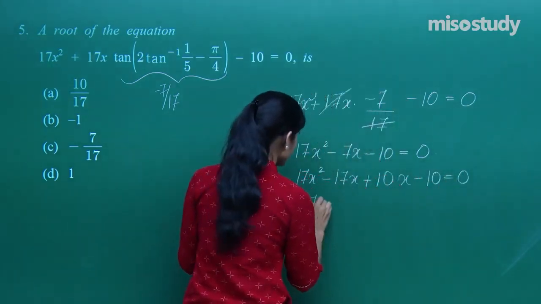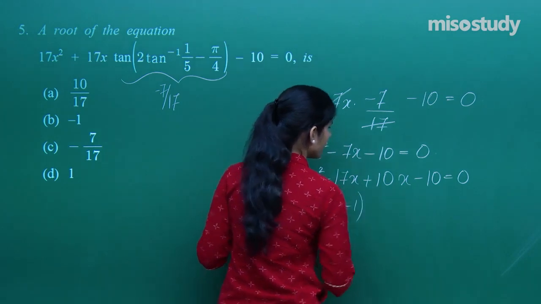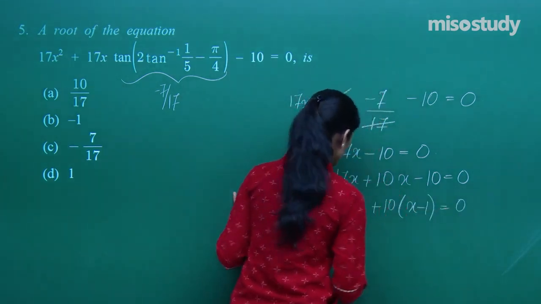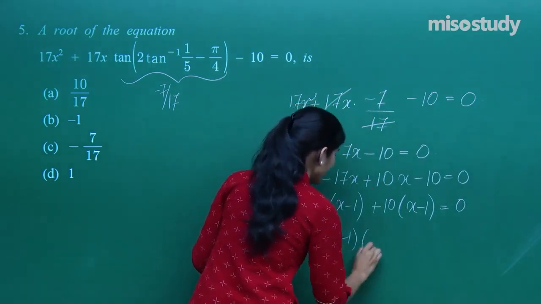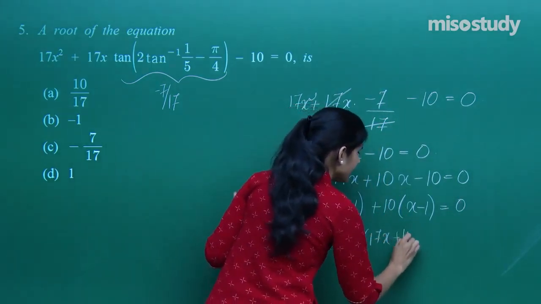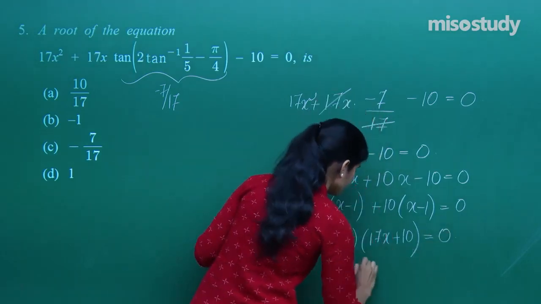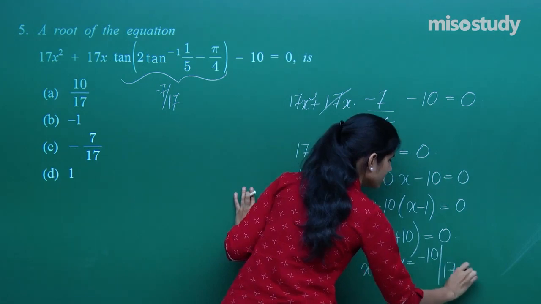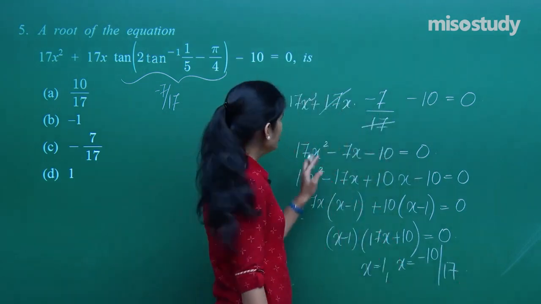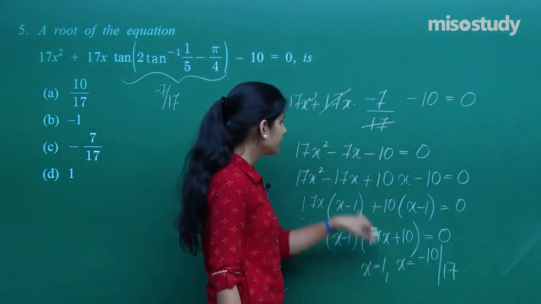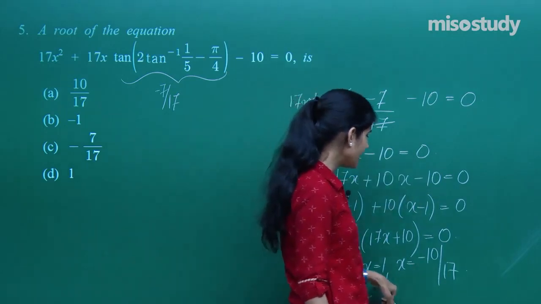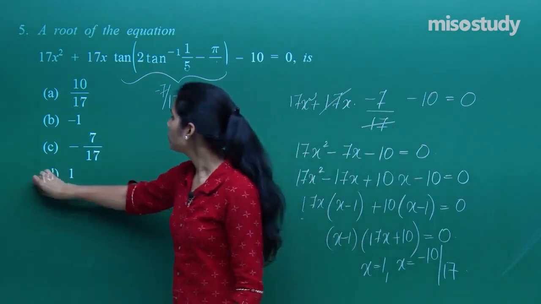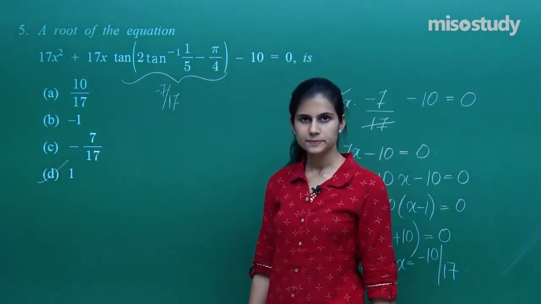This gives you 17x into x minus 1 plus 10 into x minus 1. So you get x minus 1 and 17x plus 10, which gives you x equals 1 and x equals minus 10 by 17. So one of the roots of this complete equation is 1, another is minus 10 by 17. The question was one of the roots and that is equal to 1 in this case.